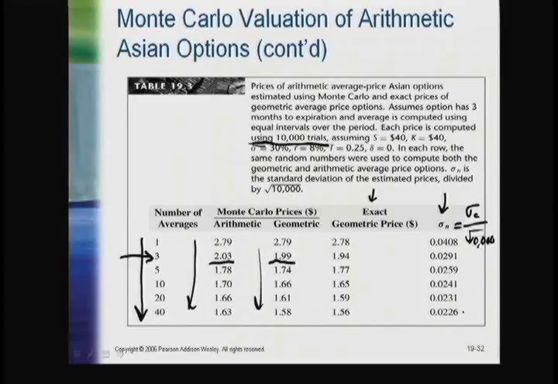So you'll also notice that the arithmetic prices for a call are greater than the geometric prices, and this is an application of Jensen's inequality, namely that the arithmetic average is always bigger than the geometric. You probably know this from first principles, but this is really related to Jensen's.